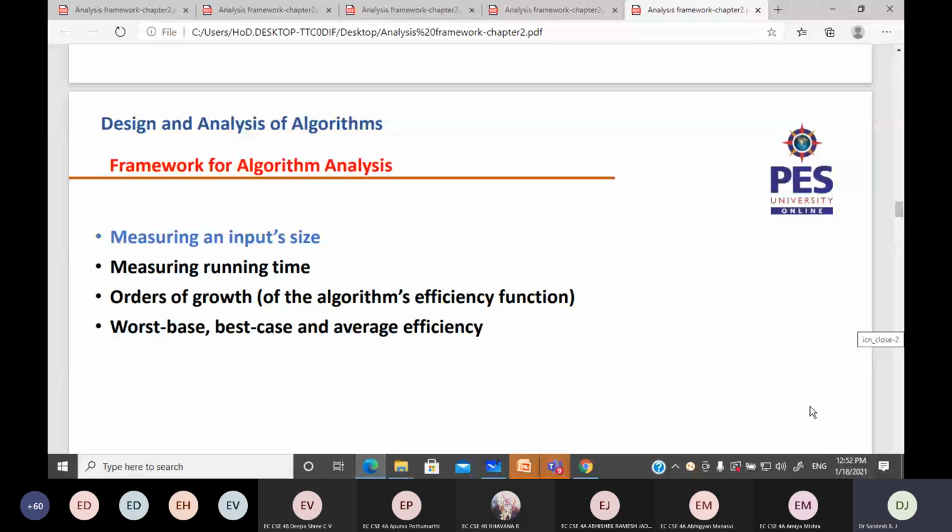Then we also said finally that the efficiency does not only depend upon the size of the input. For some problems, it also depends on the nature or specifics of the inputs which you are giving. For example, in linear search, your algorithm may take different time for different kinds of input.